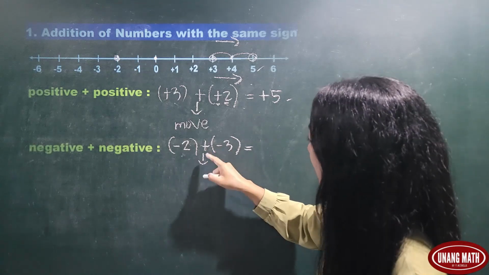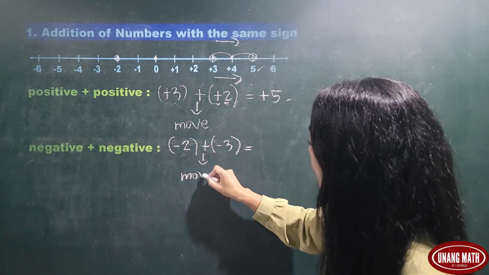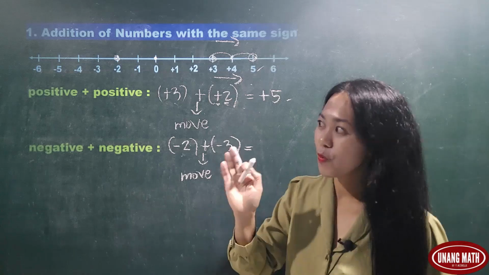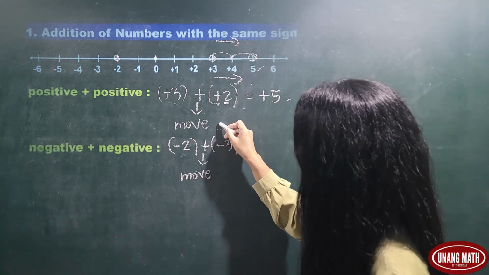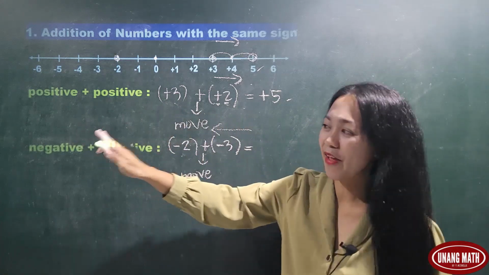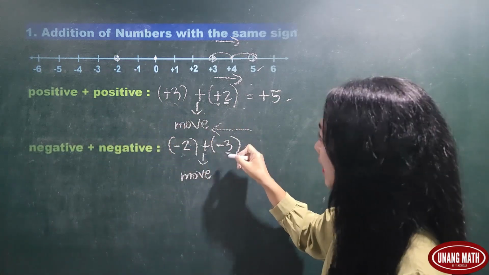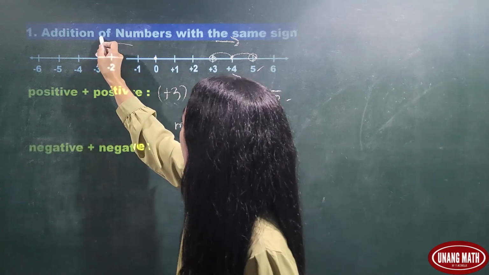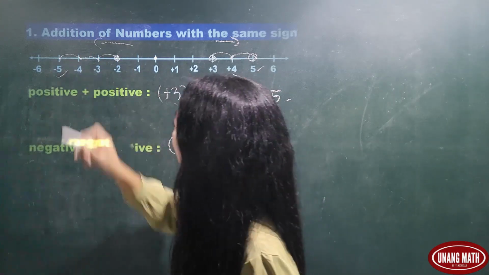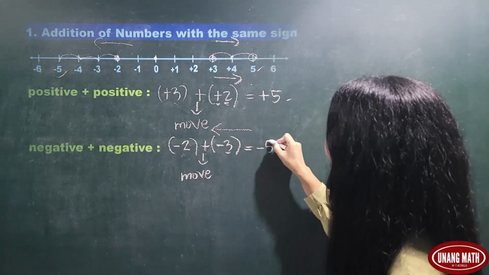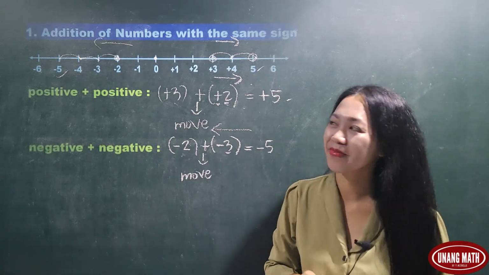Plus again means we need to move. This is a negative sign, so we need to move to the left. How many times? 3 times. So from here, move to the left 3 times: 1, 2, 3. So the answer is negative 5.